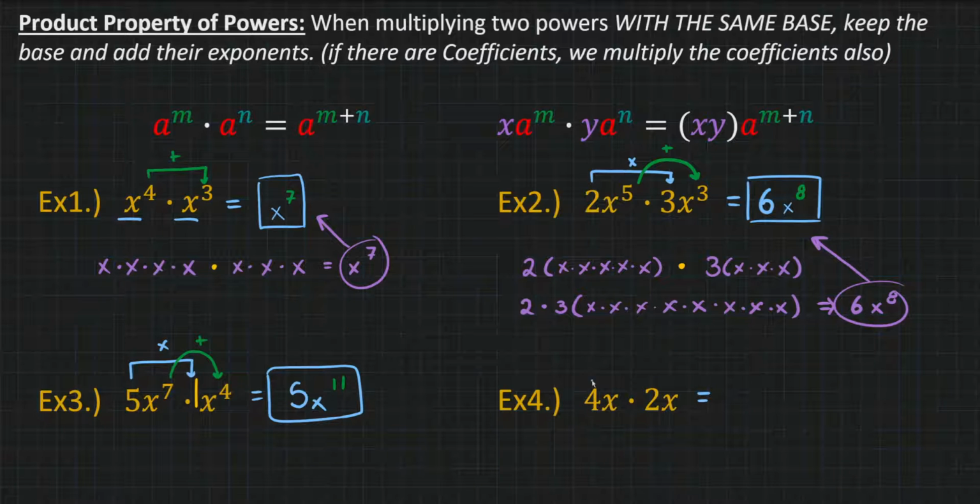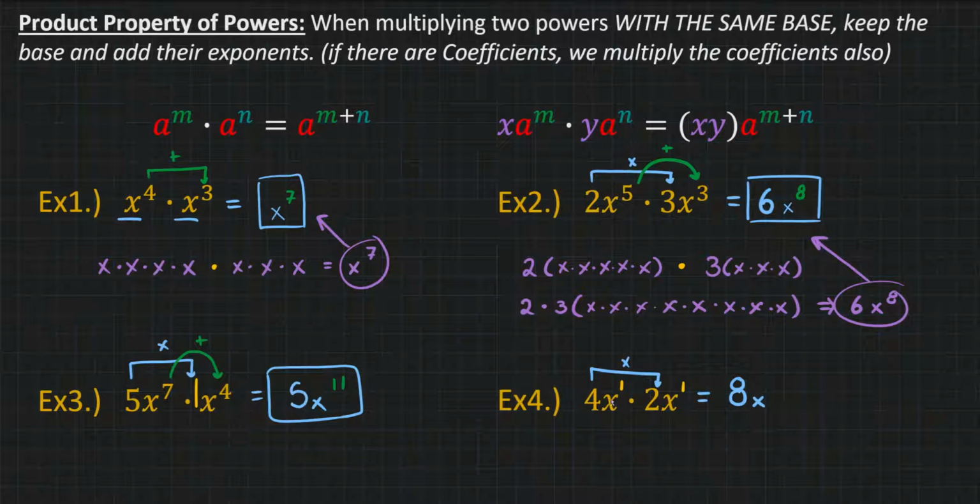Okay. 4 times 2. Got to multiply those coefficients. 4 times 2 is 8. Going to keep the base the same, so 8x. And then, hold on, Mr. Grapp. There's no exponent to add. Well, it's just like before. If I have a variable with no coefficient, my coefficient is 1. In the same way, if I have a variable with no exponent, well, my exponent is also 1.